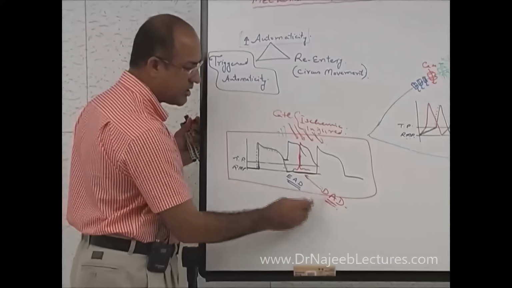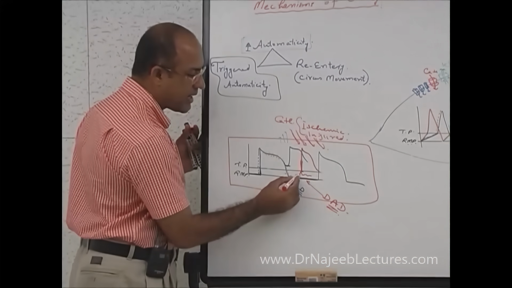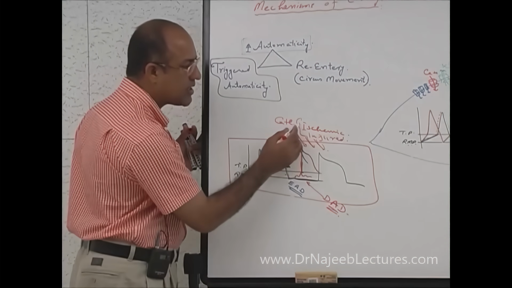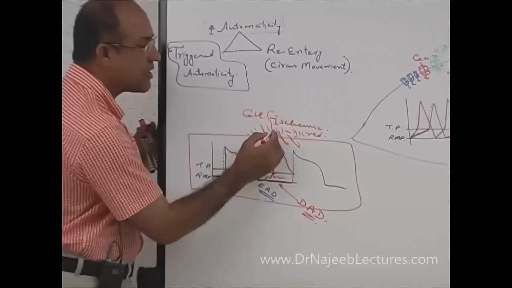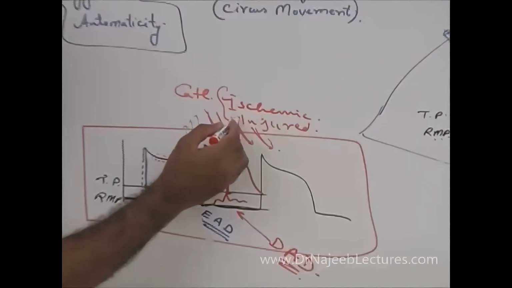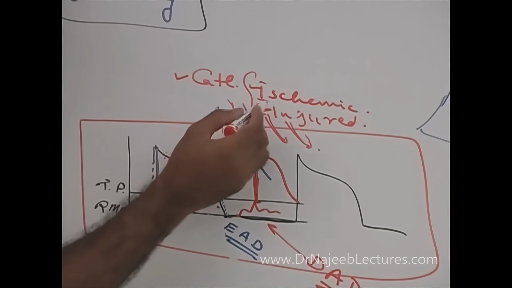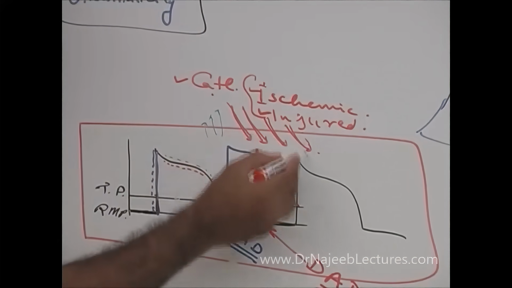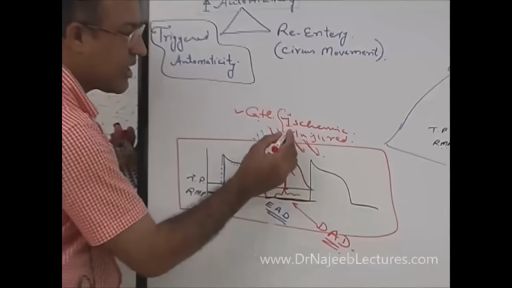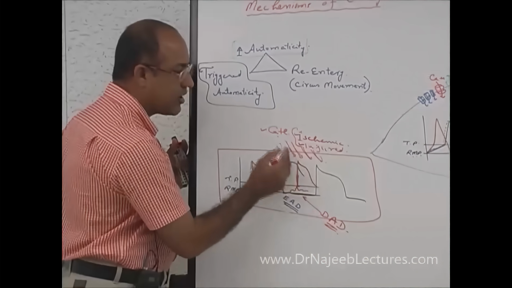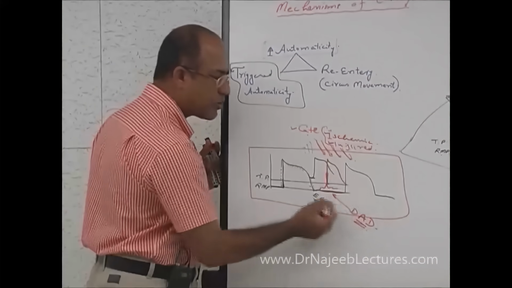So when a lot of cations are loaded, the resting membrane potential cannot rest. Either the membrane has ischemic injury or any type of injury, for example by inflammatory products, or catecholamine is stimulating the membrane. Under all these circumstances, the membranes of the ventricular cells are loading cations into the ventricular cell.